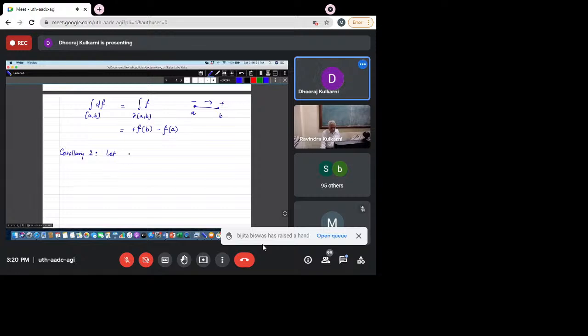Let gamma be a smooth embedding of this interval into some manifold M, but you could have taken M to be R. I will state it in generality.